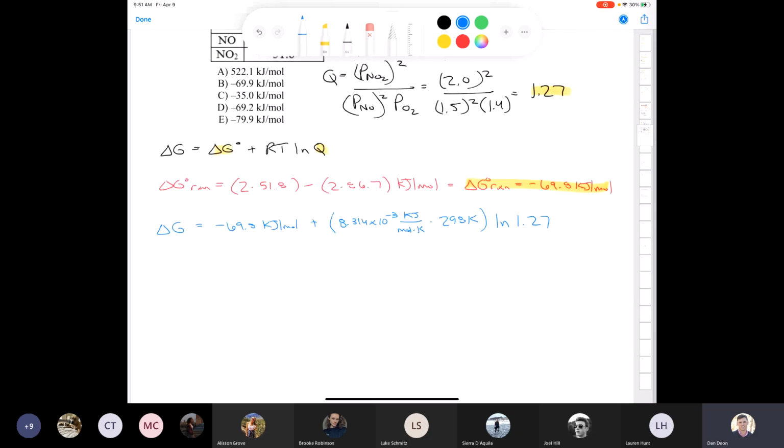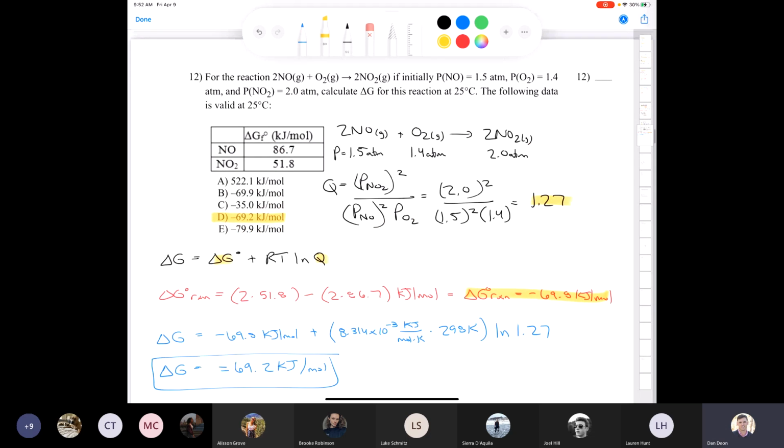I'm going to skip some of the math here and just tell us that the delta G is going to be equal to negative 69.2 kilojoules per mole, like that. There we go. So you can do the rest of the algebra yourself, and you see that the answer is D for this question.